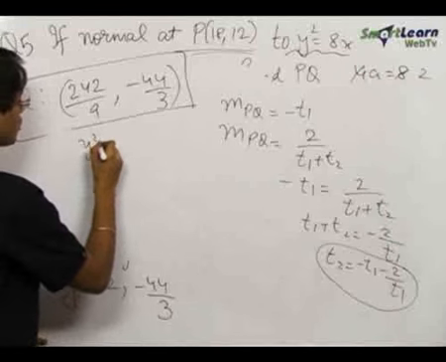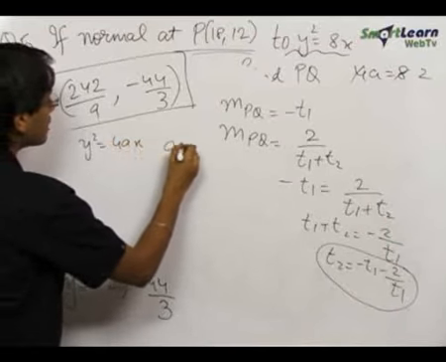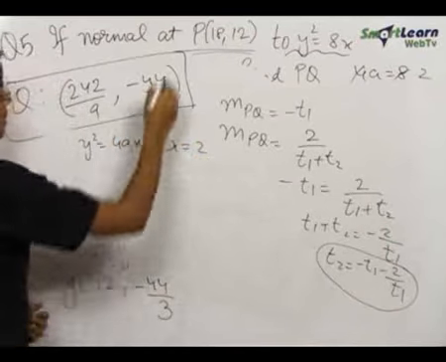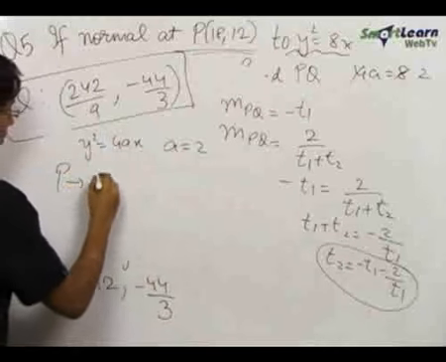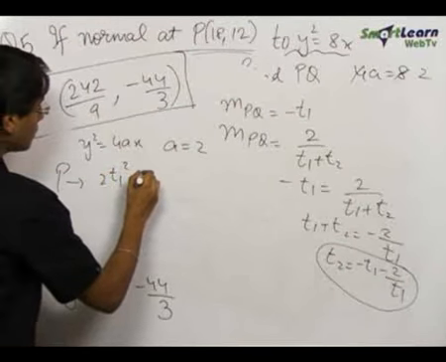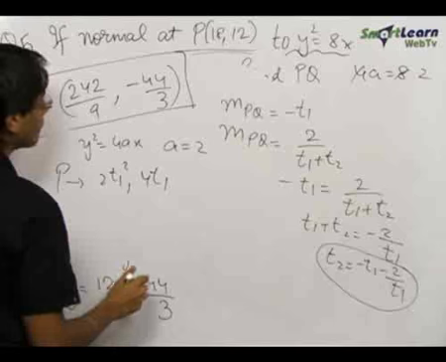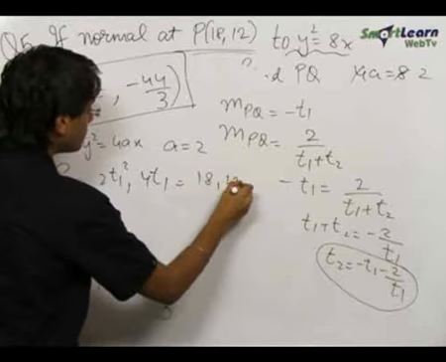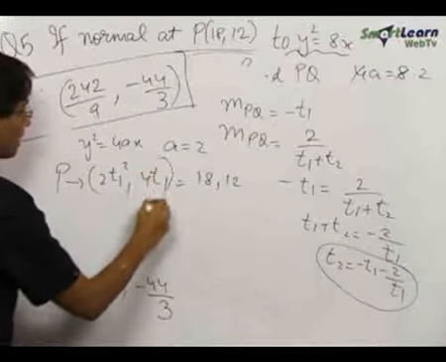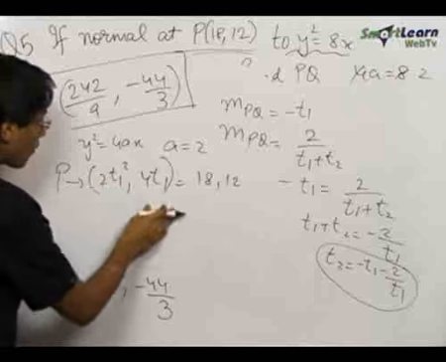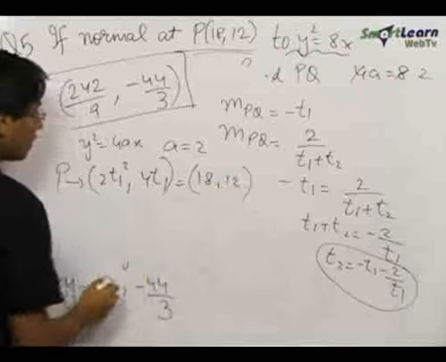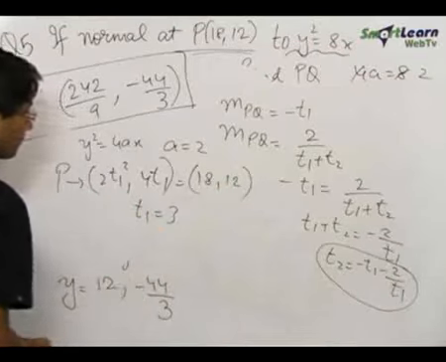Here we have y square is equal to 4ax, that is, a is equal to 2. Hence our point P can be written as (2t1 square, 4t1), which is equal to (18, 12). Very clearly, on comparing (2t1 square, 4t1) with (18, 12), we get t1 is equal to 3.